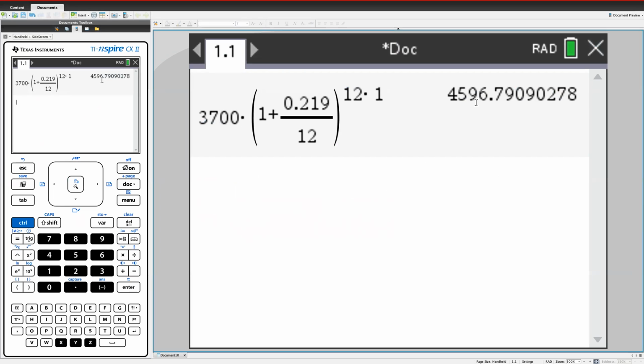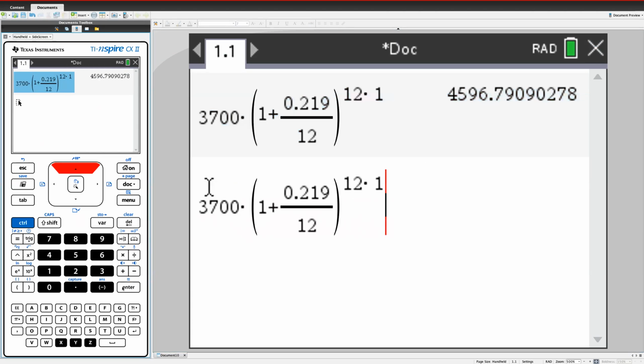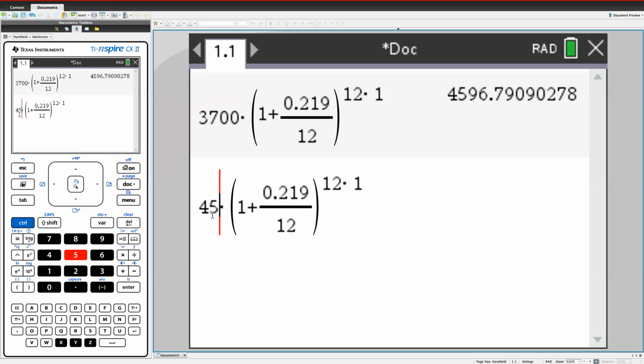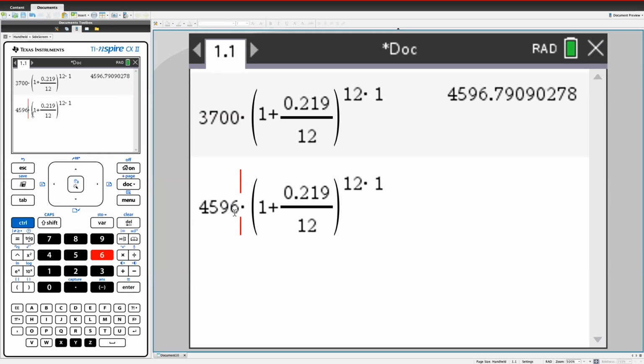So that's what we now owe, right? I'm going to copy this equation, and this time I'm going to put this new balance here, 4,596. We're still compounding by 12, but now we're talking about after 1 month, so change this to a 1.